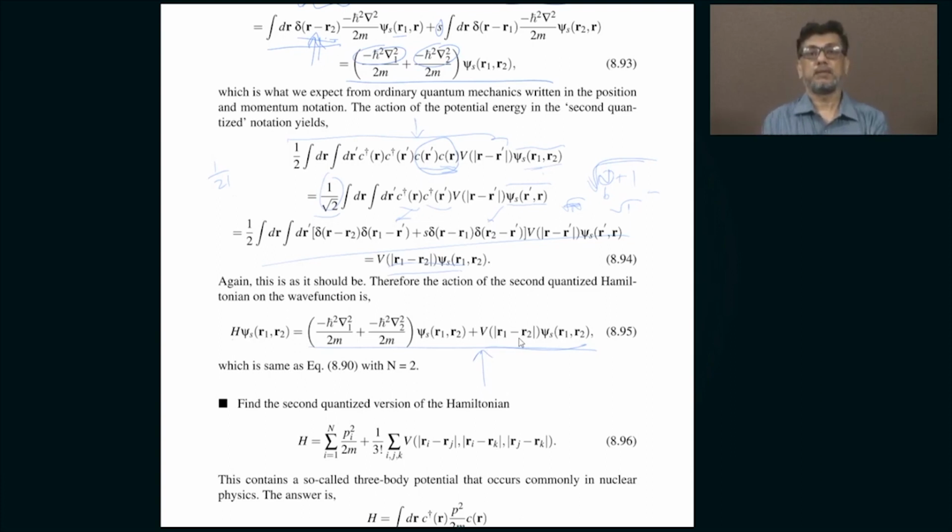Now that I have convinced you that this second quantization method works, I haven't shown you that it is useful. I have just shown you that these two ways of doing things are equivalent, they are mathematically the same.